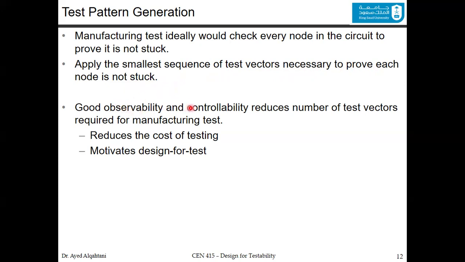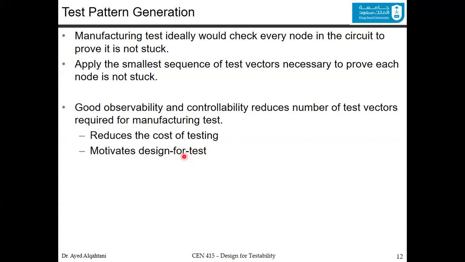So good observability and controllability would reduce the number of test vectors required for a manufacturing test, and in turn, it will reduce the cost of testing and also motivate design for test. And we will talk about this soon.